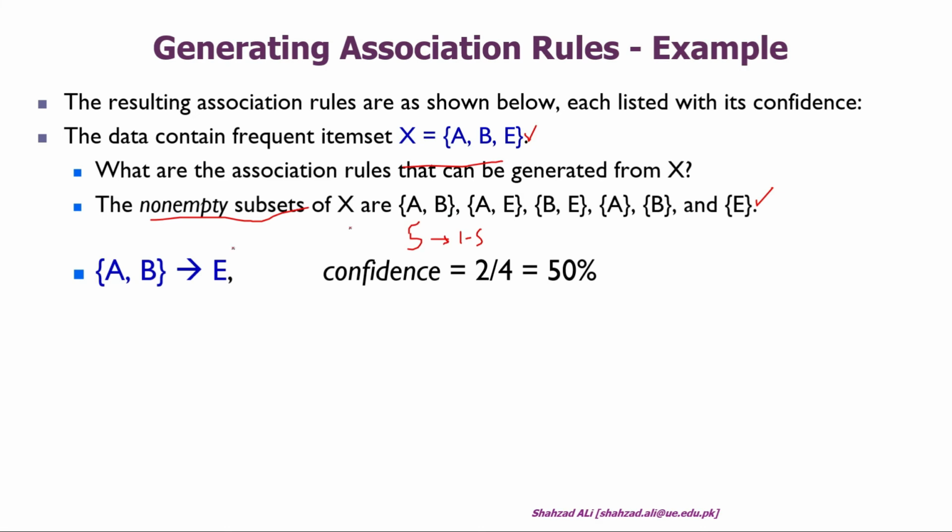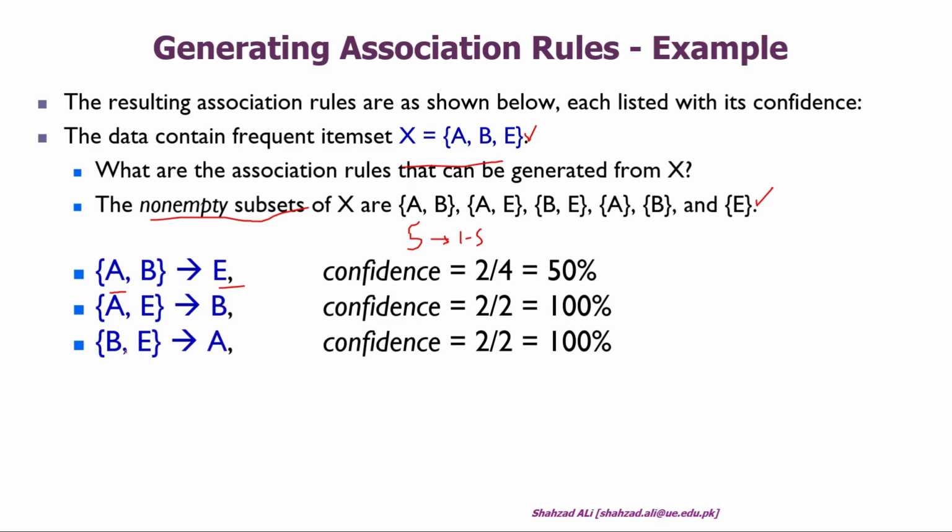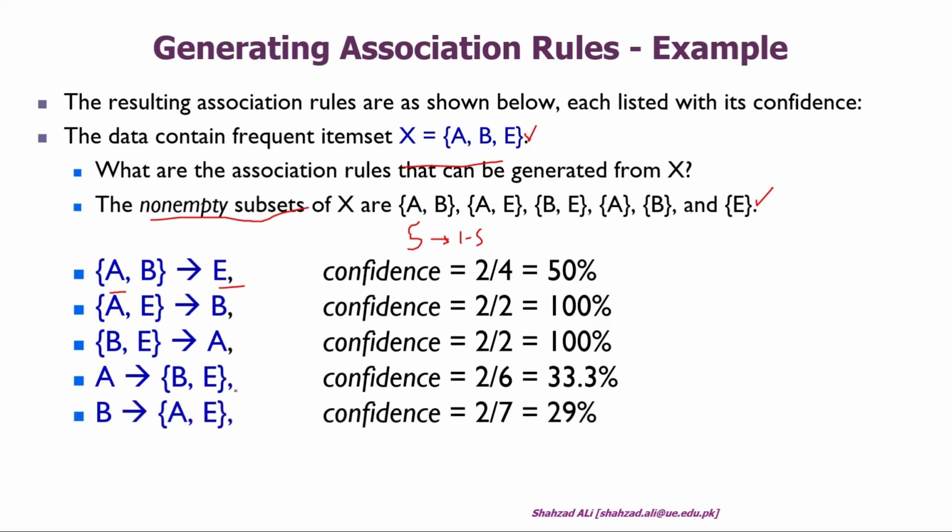So for AB, what is the difference? I minus S is E. So we get A, B implies E. Then for the second case we get AE implies B. For the third rule, BE implies A. Then A implies BE, B implies AE and E implies AB.